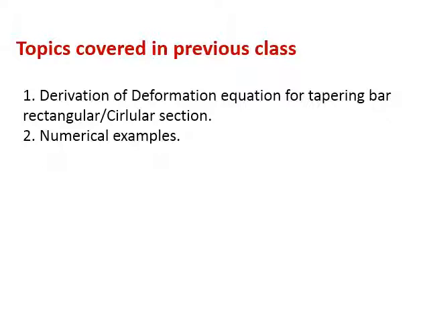As of now, we have derived the deformation equation for a uniform bar, PL upon AE, and for tapering circular and tapering rectangular sections. So when a combination is given to you, you should choose the formula appropriately, and that formula has to be used to find the algebraic sum of deformation of the entire section.